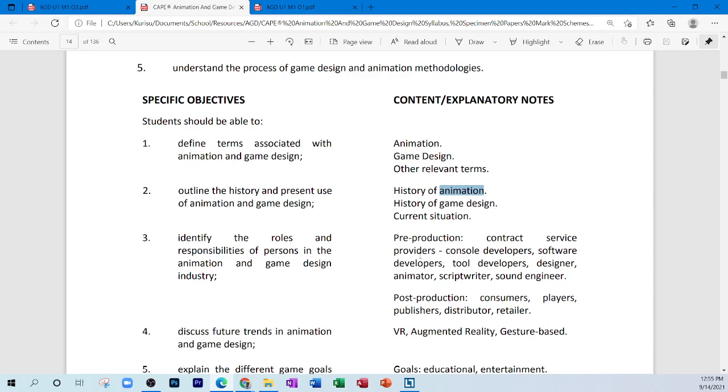So that's why there's a variation in the time frame when animation would have started and when game design would have started. Because for animation, you could have used any sort of technology to create the illusion of movement, but games needed that computer system in order to function.